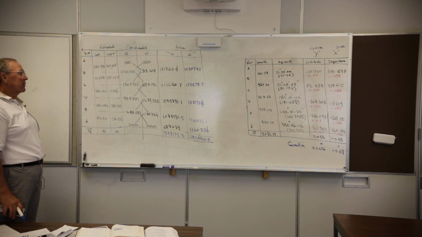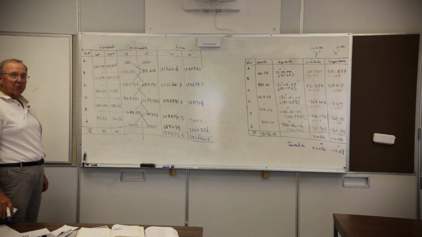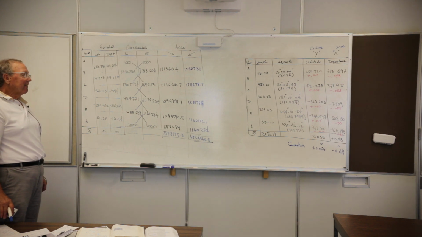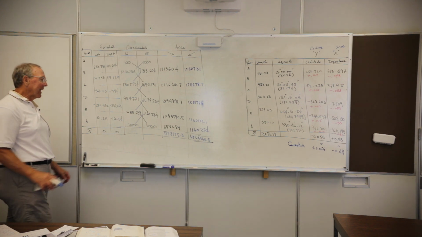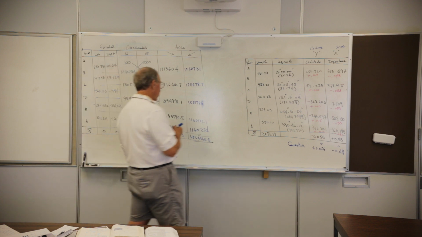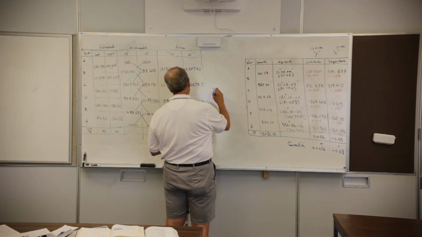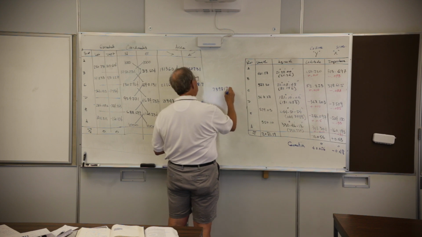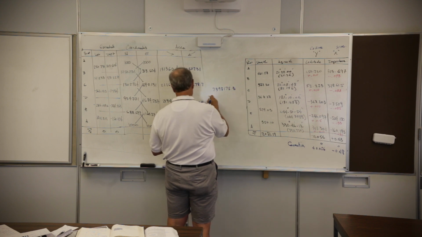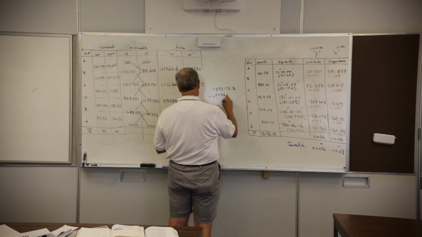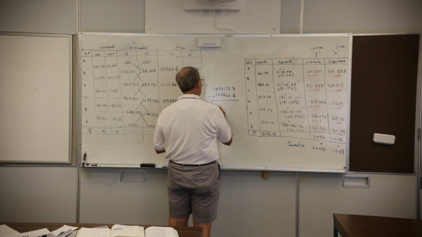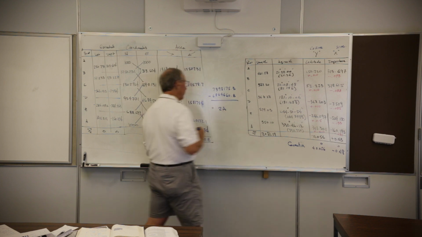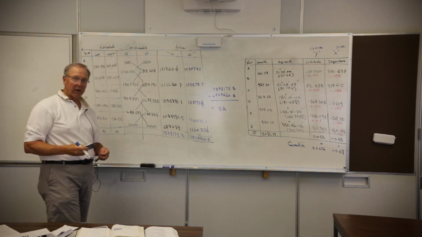Okay, we're just about there. All you do is subtract these two and divide by 2, and that gives you the area. So if I take 7398175.3 and I subtract 6864460.8, that is going to equal 2A. That's twice the area.